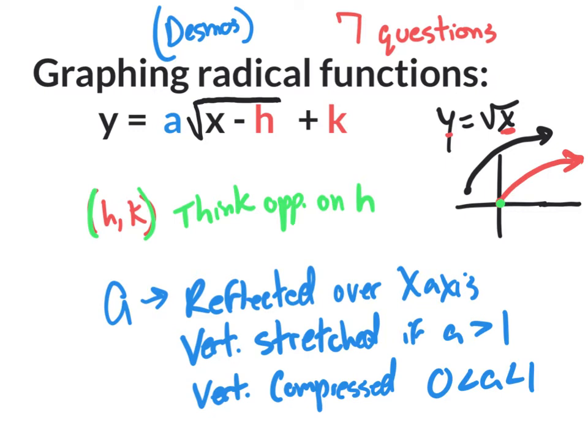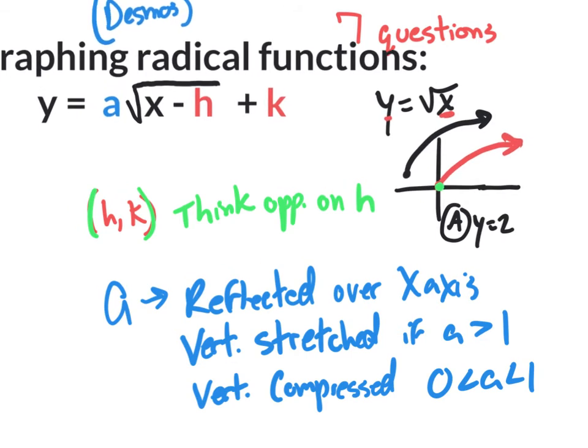But what I'm saying is, let's say I gave you this graph, this square root function. It's in black right there. And let's say you narrowed it down to option A, which was y is equal to, let's say, 2 square root of x plus 2 plus 1.